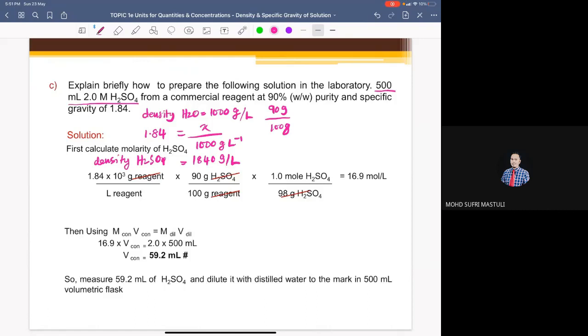Now we know 1 liter is equivalent to 1840 grams. So for 100 gram, how many liters?